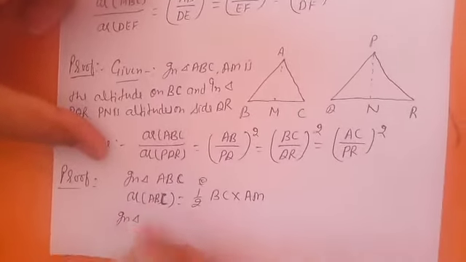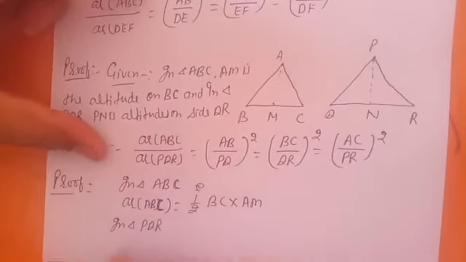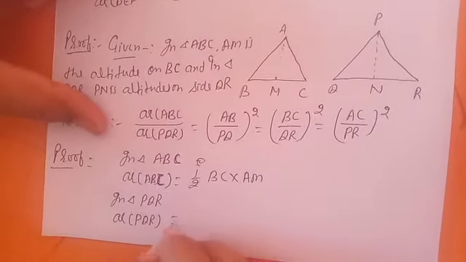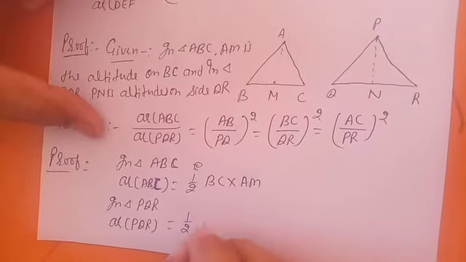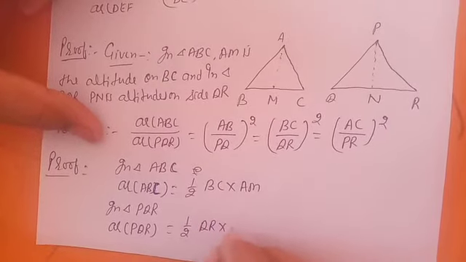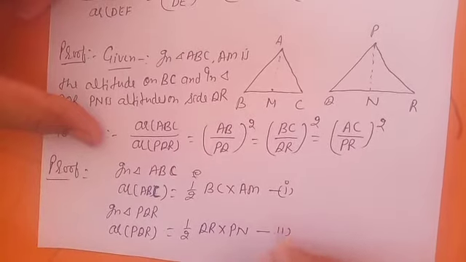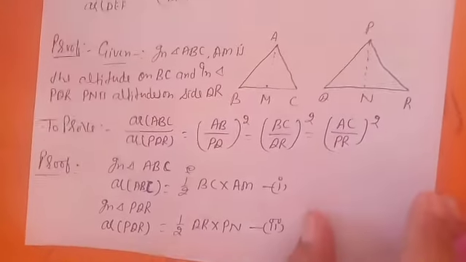In triangle PQR, area of triangle PQR is equal to half into QR into PN. Understood?